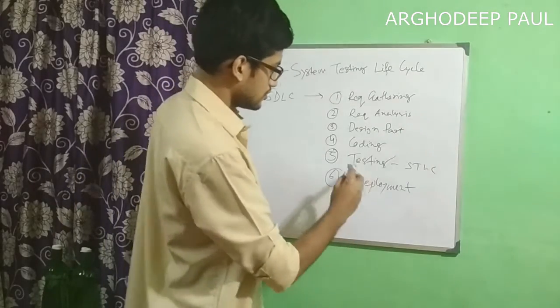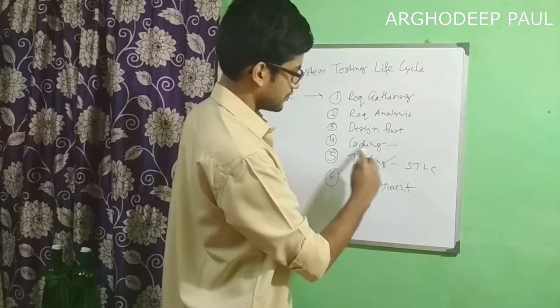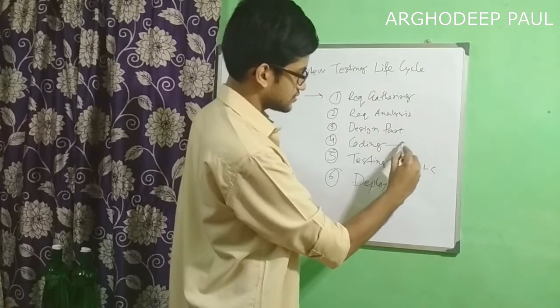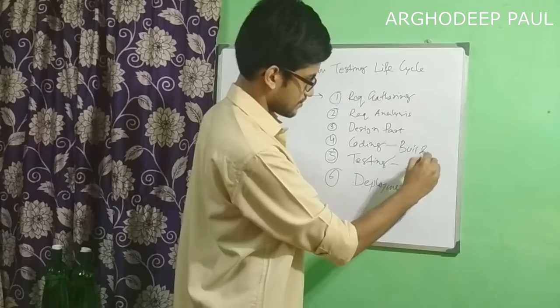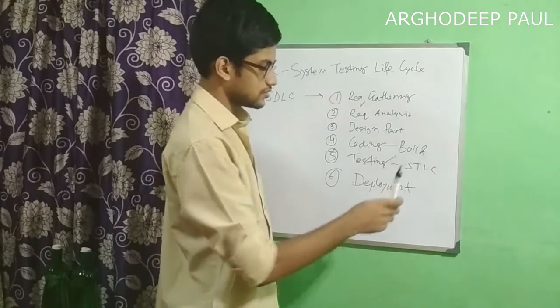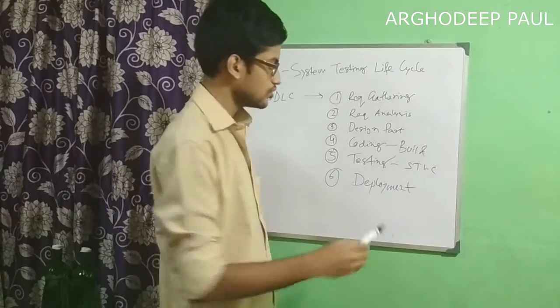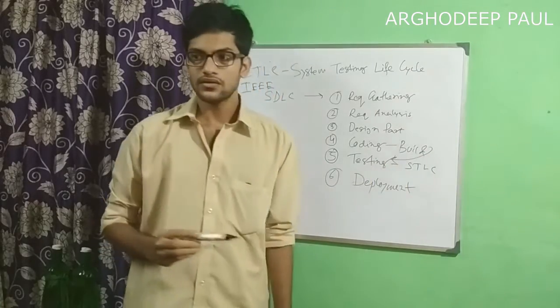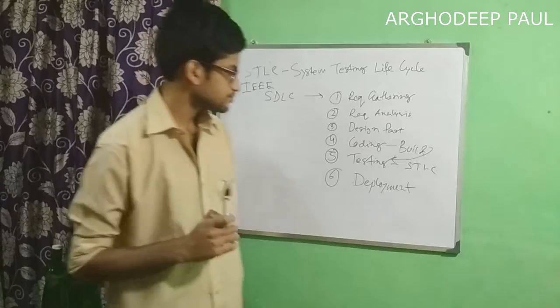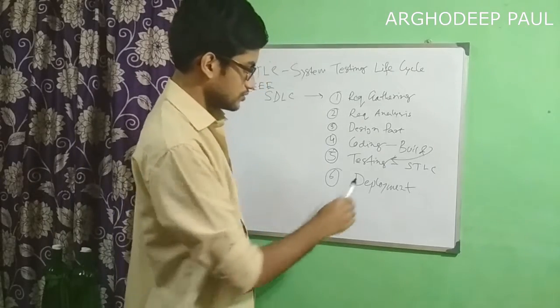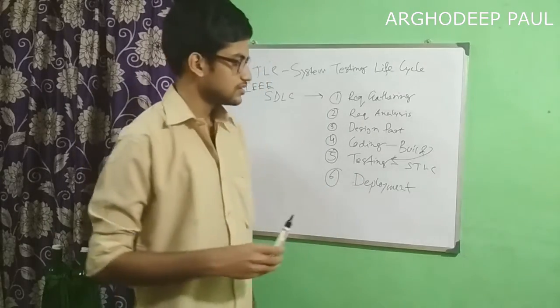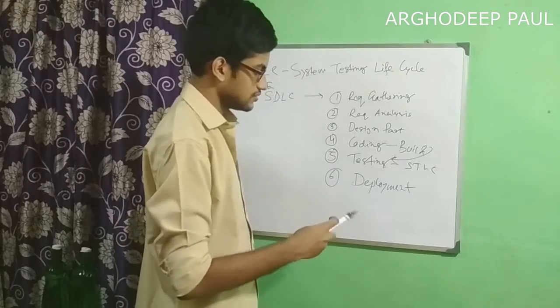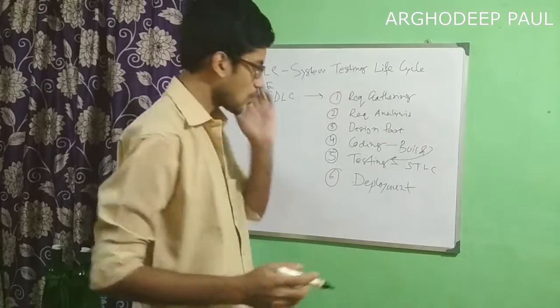Now the deliverable of the coding phase is the actual build, which goes as an input or artifact to the testing phase. So now let us see what's actually inside the testing.